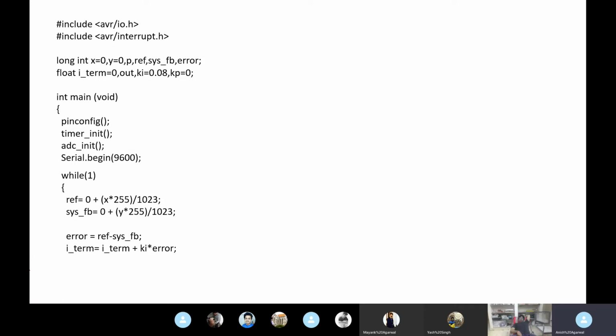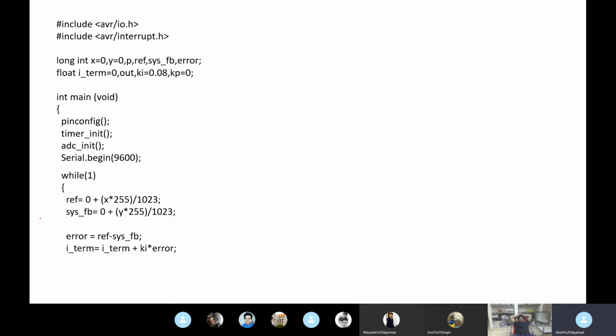Okay. So the code here can be divided into three specific parts. One is the main function, one is the ADC part, and the other is the pulse width modulation part. The main function is the application of the block diagram. Whatever we are doing in the block diagram, calculating the error, multiplying with Ki, integrating, like adding all the error values, and then adding it with the Kp value and giving the output, that we are doing in the main function.